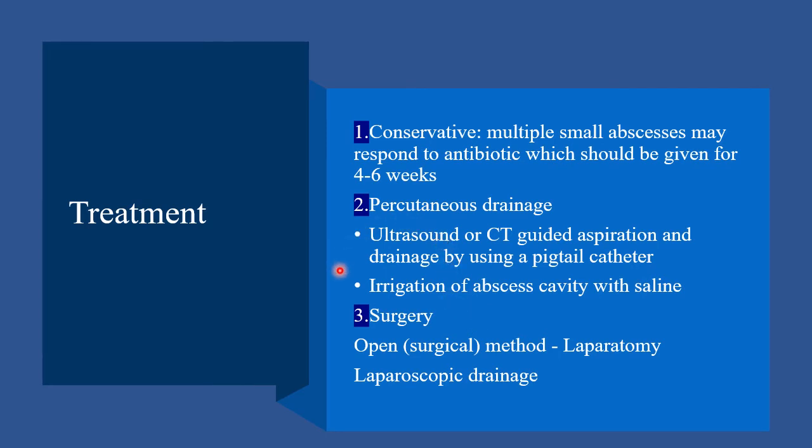If this does not solve the problem adequately, then surgery is attempted. This surgery is either an open method through laparotomy or a laparoscopic method, which is becoming more popular these days.